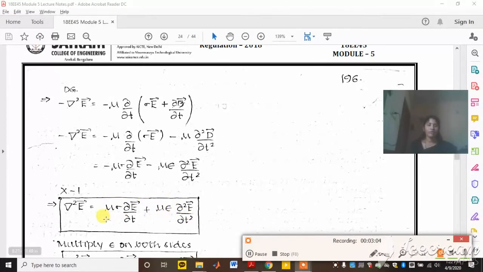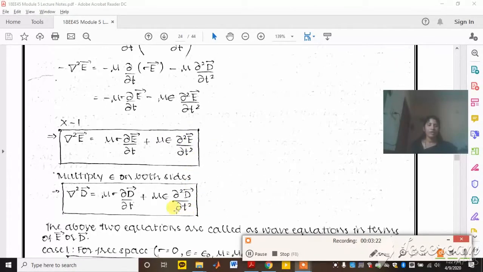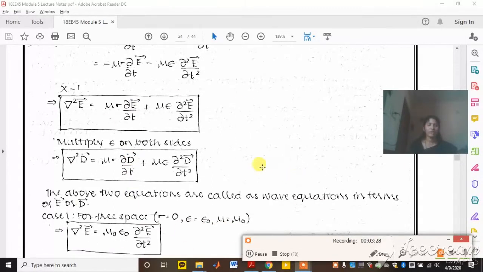If you want to write the wave propagation equation in terms of D, the electric flux density, you will get del square D is equal to mu sigma dou D by dou t plus mu epsilon dou square D divided by dou t square. The only difference is E is replaced with D. The above two equations are called the wave propagation equation in terms of E or D.